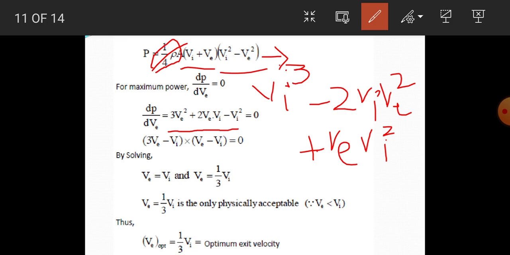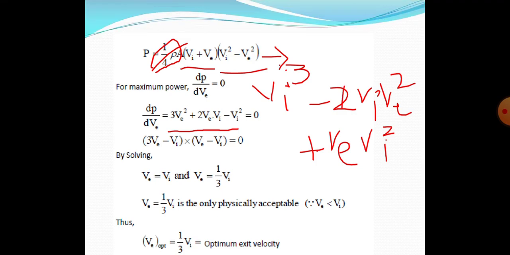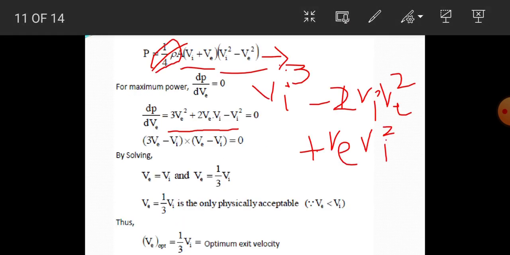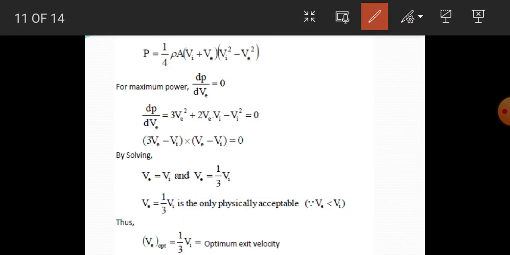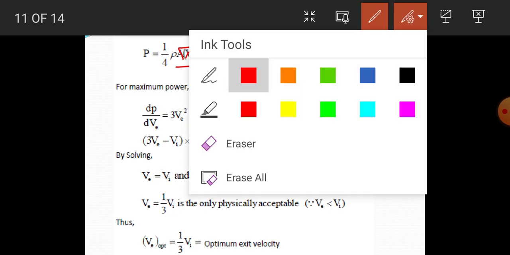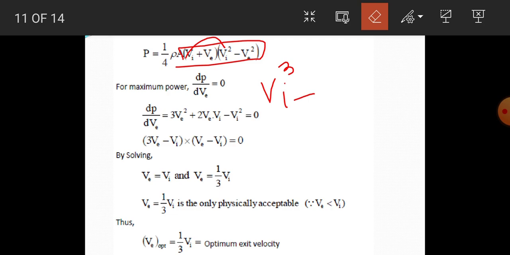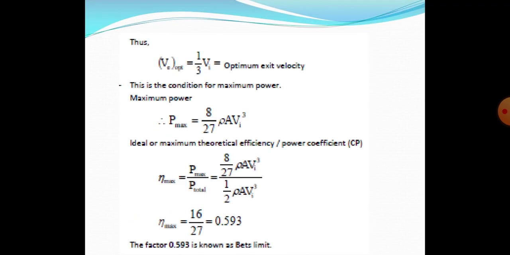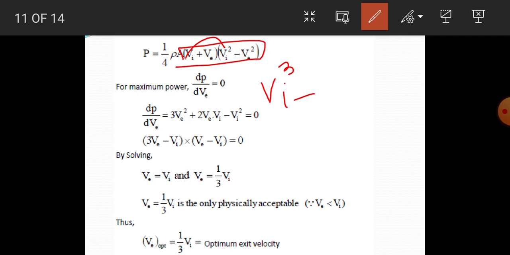Here, if we multiply these two brackets, first we multiply by this, so we will get vi cube. Then with a minus sign we will get vi into ve square.